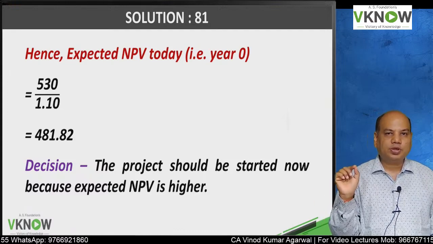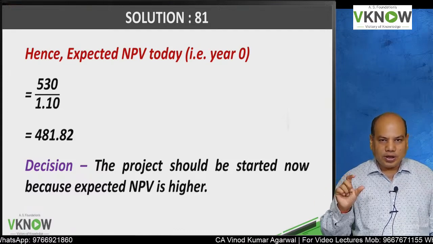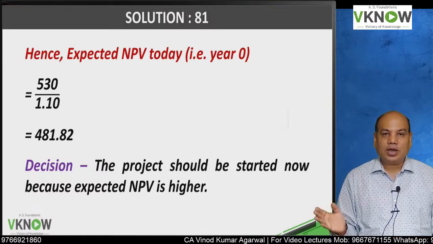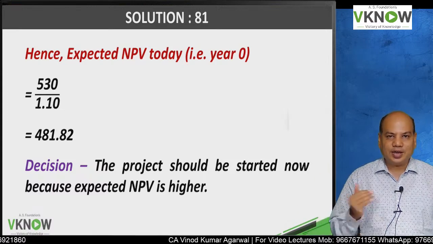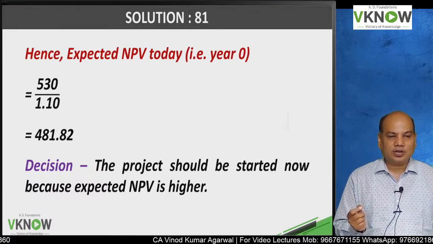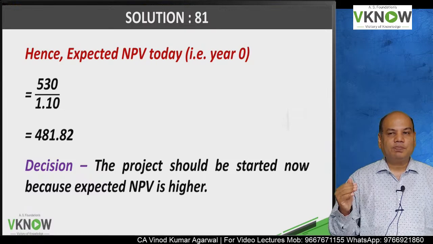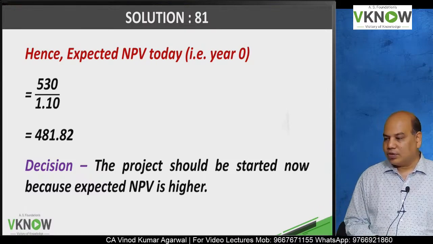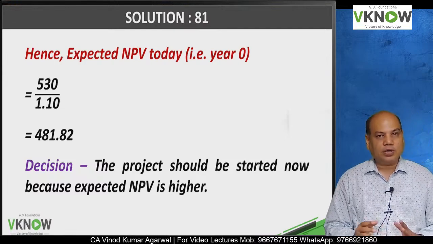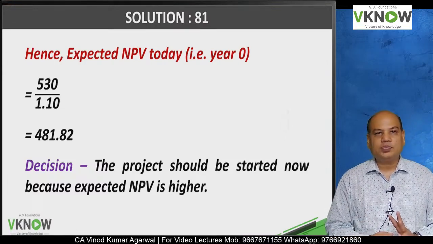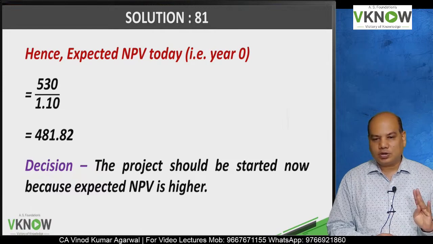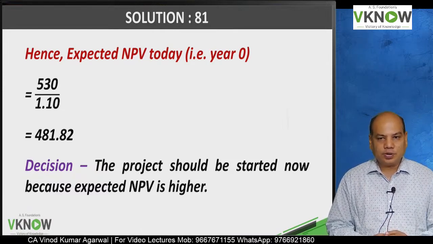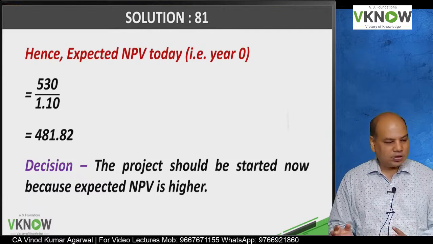The ones which are positive, you will take those values, multiply by probabilities, and don't forget to discount again by 1 year factor, or 2 year factor if the postponement can be done for 2 years. That is how you will solve this type of simple question. 3 problems we have solved today on postponement: the question on gold mine, the question of oil corporation, and now this easy question.